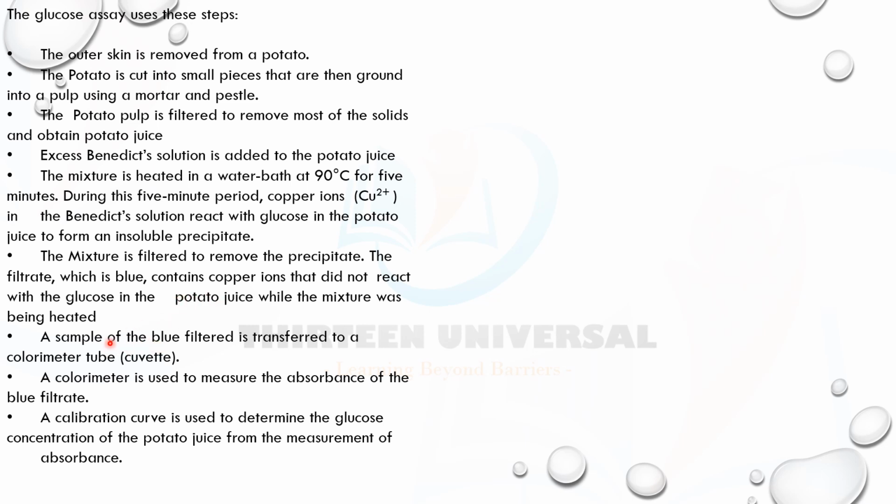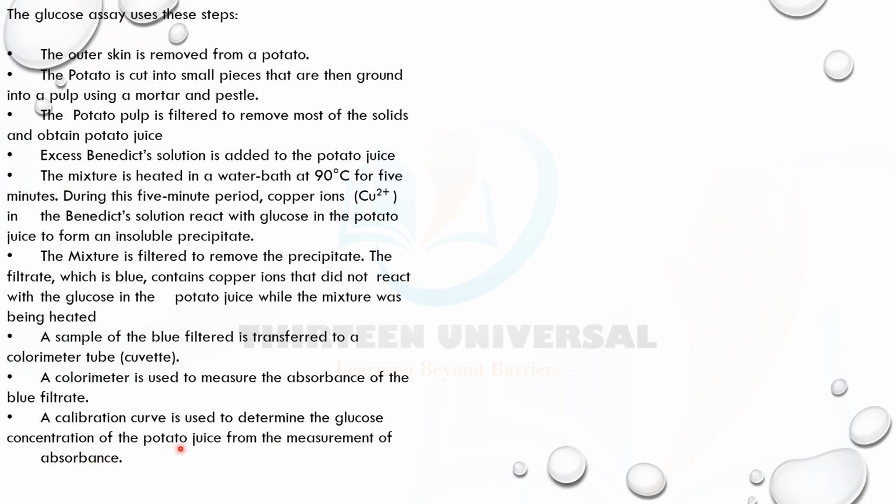A sample of the blue filtrate is transferred to a colorimeter tube that is covetted. A colorimeter is used to measure the absorbance of the blue filtrate, which is due to the presence of copper ions. A calibration curve is used to determine the glucose concentration of the potato juice from the measurement of absorbance.